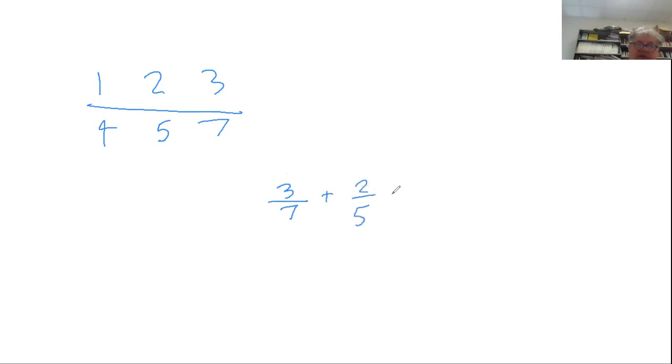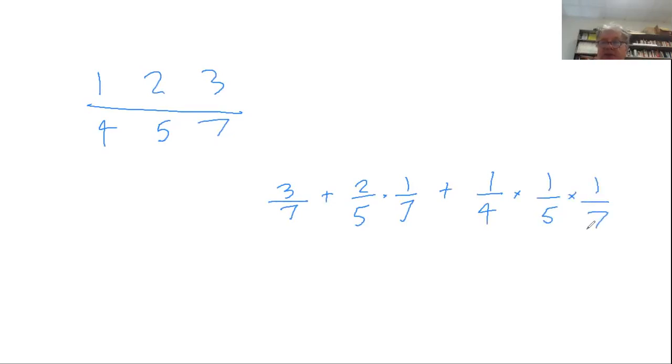We've got 1, 2, 3 over 4, 5, 7. The first thing is it's 3/7 plus 2/5 of 1/7 plus 1/4 of 1/5 of 1/7.